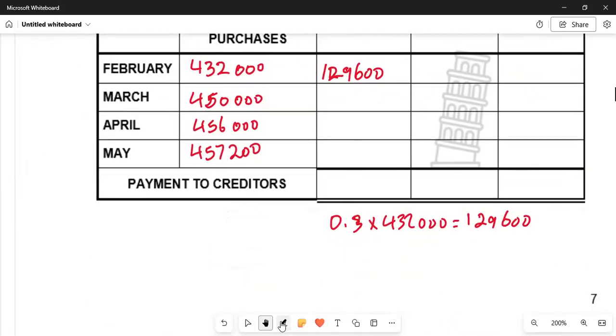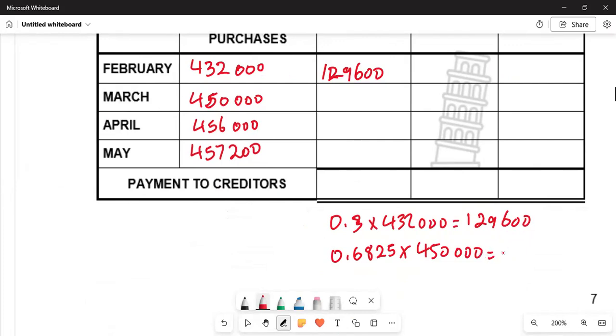So we say 0.6825 multiplied by the credit purchases of March, which is the month of purchases, 450,000. Then it will give us 307,125. That is how we are to calculate it.